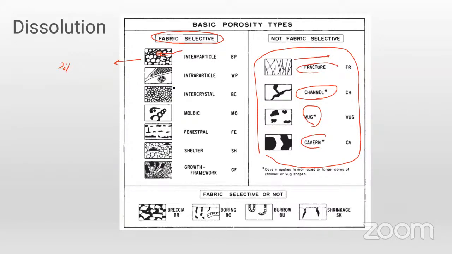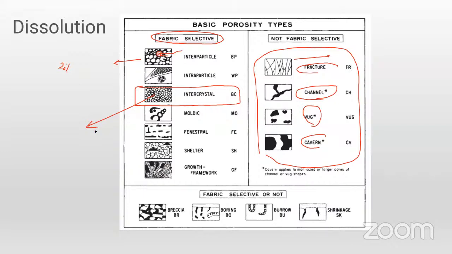But one of the other porosity types that is very important for us is intercrystalline porosity. In this fabric selective porosity, the pores are connected. We have this type of porosity in dolomites, because most of the dolomite is secondary dolomite, converted from calcite or aragonite.